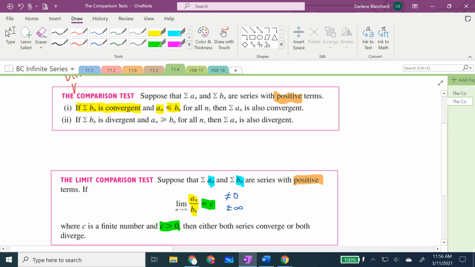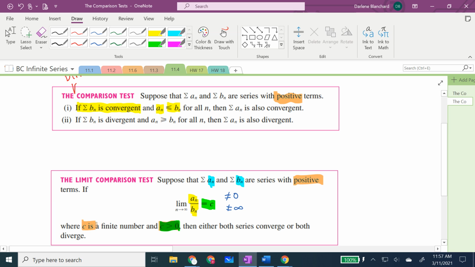Positive terms. The premise is you are given a series that has only positive terms, and you compare it to a series that has only positive terms. If you have positive and negative terms, you can't throw it into a comparison test. So with that said, that's really the reason why they say that the limit needs to be a finite number that is greater than 0.